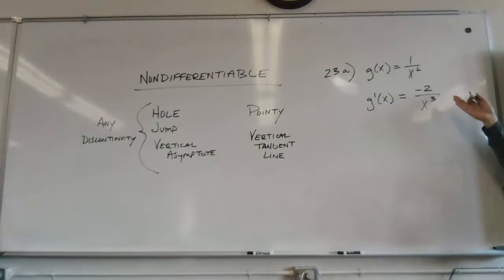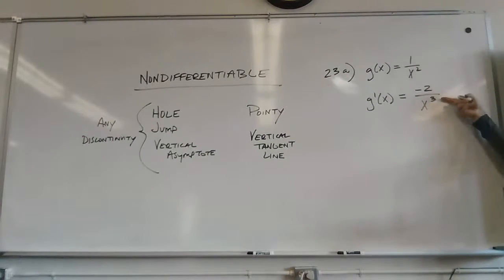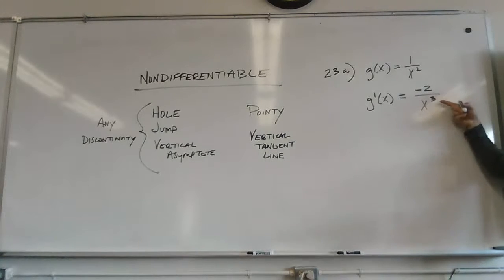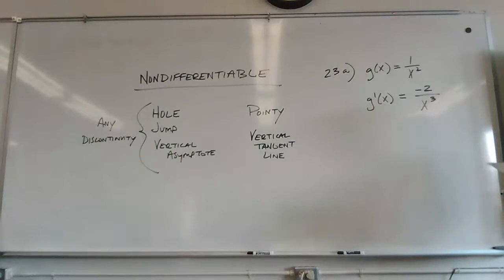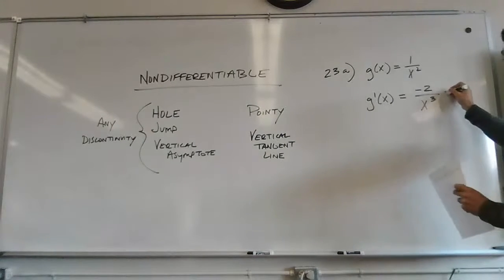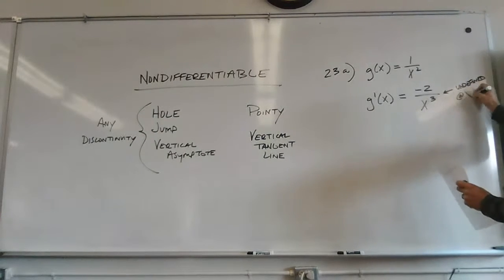And we can see pretty clearly, where does this guy not exist? 0. Where does this guy not exist? 0. So where does the derivative not exist? 0. Okay. And so this is undefined at x equals 0.